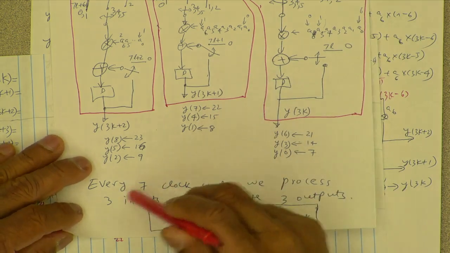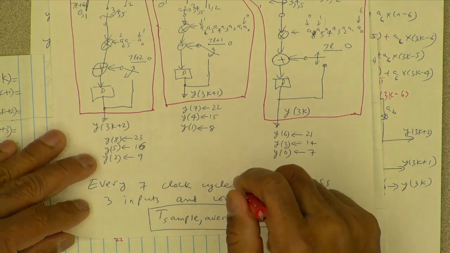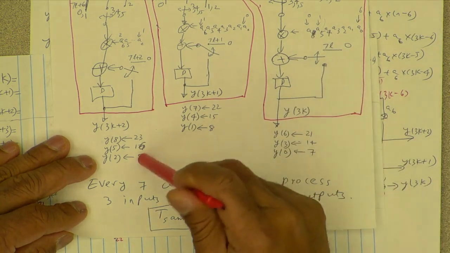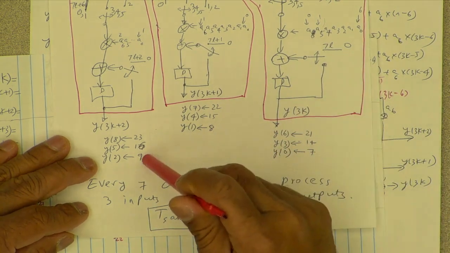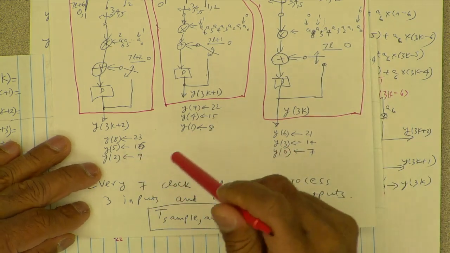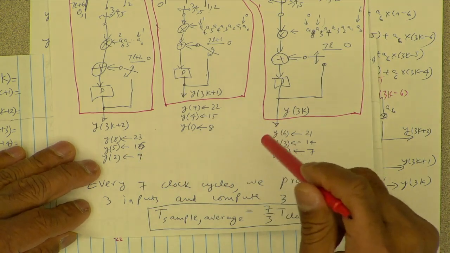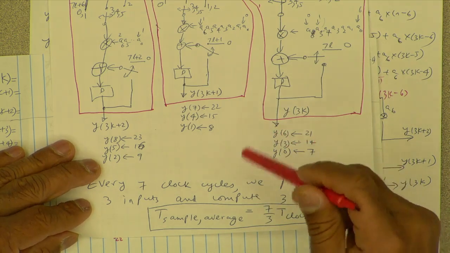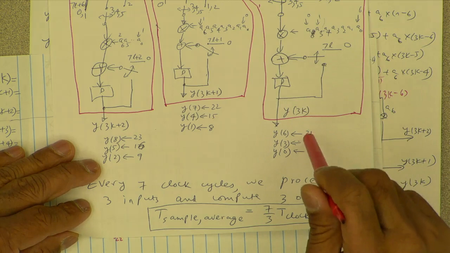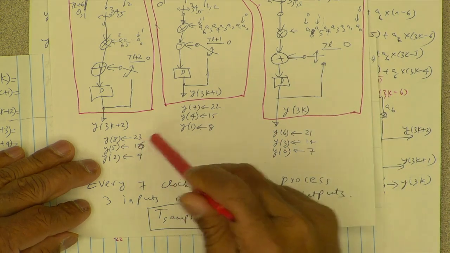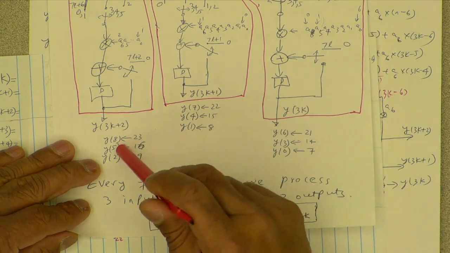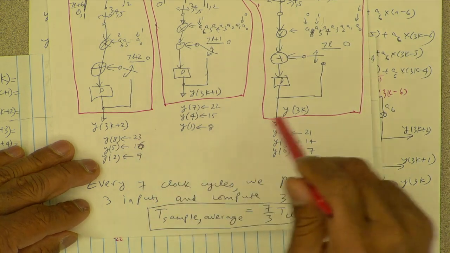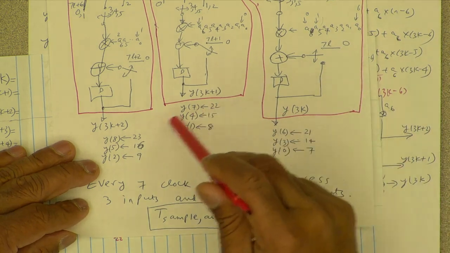After every 7 clock cycles, we have completed computing 3 outputs. For example, in clock cycles 7, 8, 9, we computed y0, y1, y2. Nothing happens for clock cycles 10, 11, 12 and 13. Then periodically after 7 units, in clock cycles 14, 15 and 16, we get y3, y4, y5. Nothing happens in clock cycles 17, 18, 19, 20, and then in clock cycles 21, 22, 23.